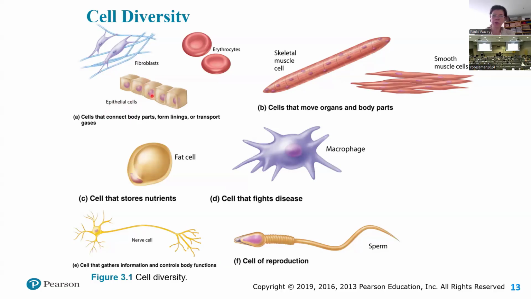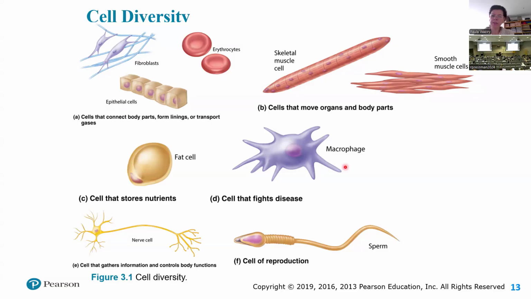So those are cuboidal epithelial cells. You have transporting cells. So those are your red blood cells or erythrocytes. You have very long cells. So those are skeletal muscle cells. They're also called fibers. We also have other types of muscle cells. There are smooth muscle cells. So these guys here are voluntary. These guys here are involuntary, that you cannot control their movement.